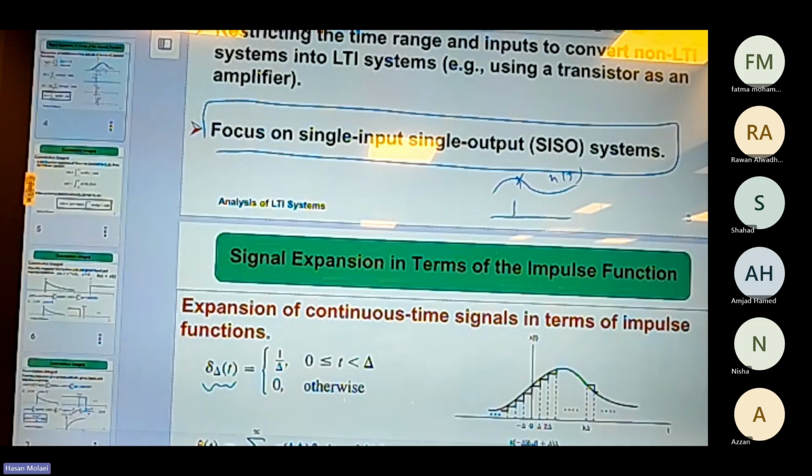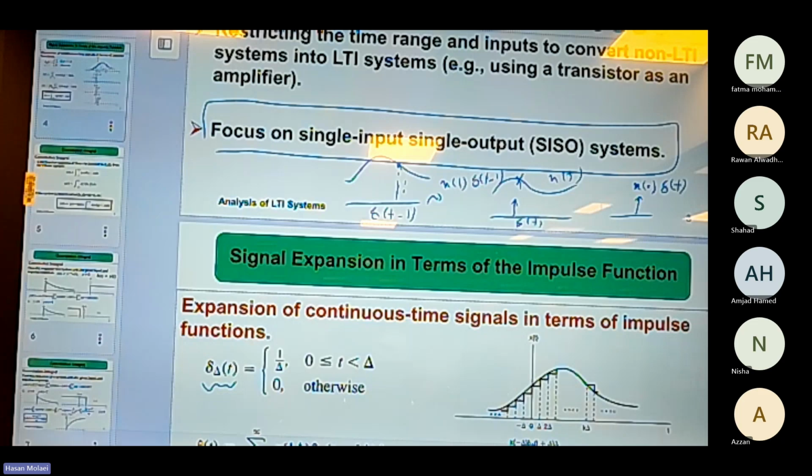If I multiply it by delta t minus 1, I have x1 delta t minus 1.